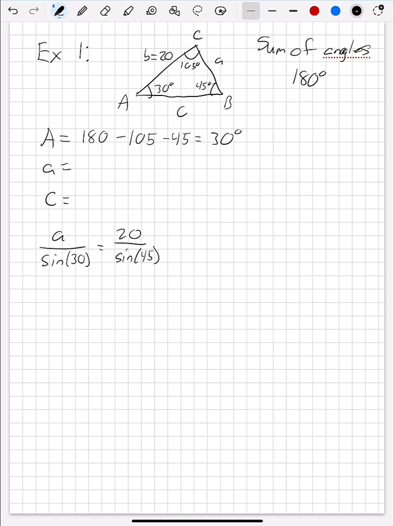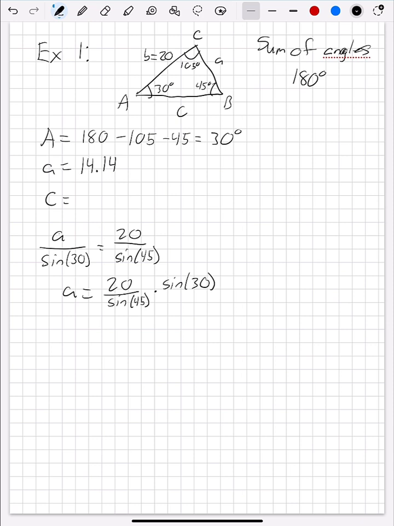I'm just going to multiply over by sine of 30 to say 20 sine of 45 times the sine of 30. I want to make sure that my calculator is in degrees when I do this. And so I plug it in the calculator and I get 14.14.